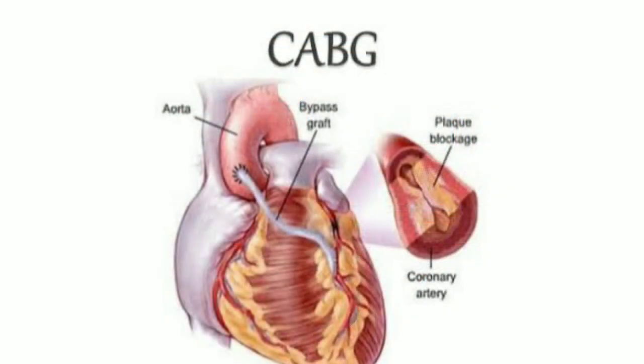In this process, we take either the saphenous vein or the internal mammary artery and make a bypass across the clot, so we re-establish the blood flow towards the myocardium from the aorta. This is a definitive way of treating these people.